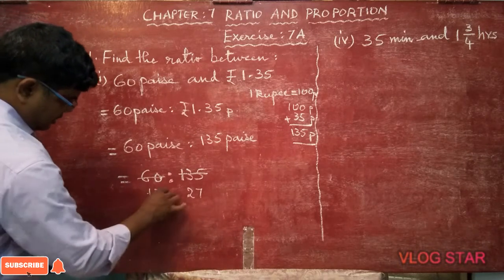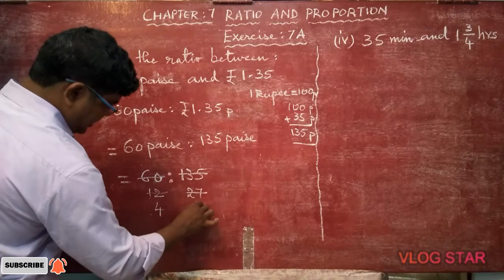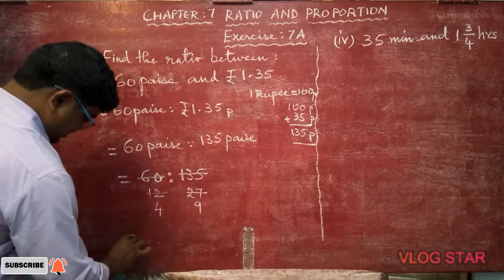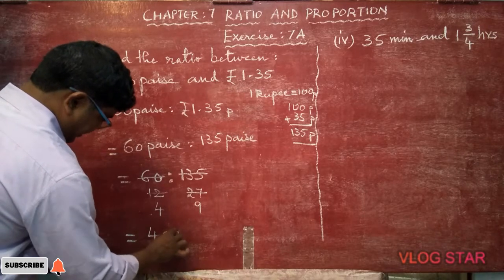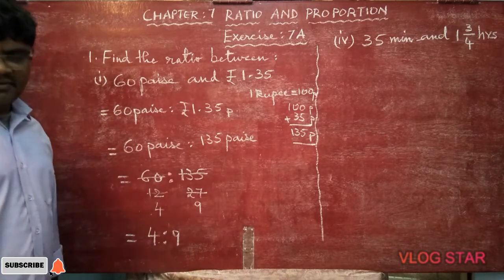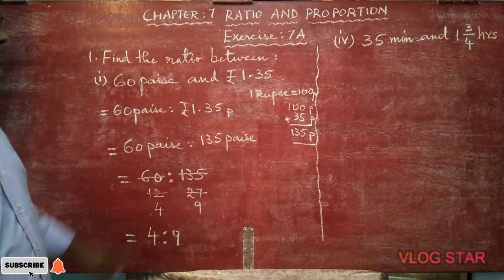Again 3 table. 3 goes 2 times, 3 goes 9 times. What is the answer? 2 is to 9. This is the way to find the ratio.